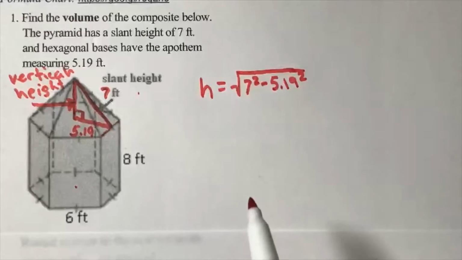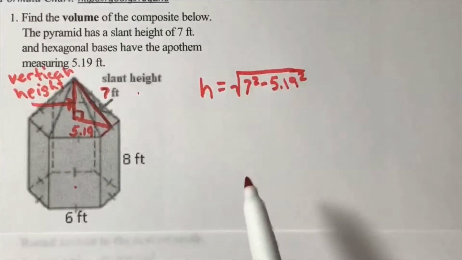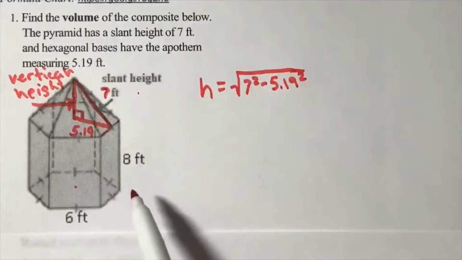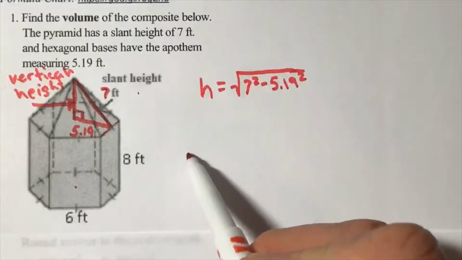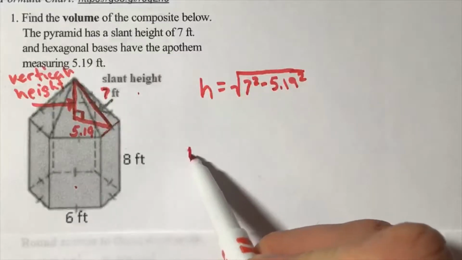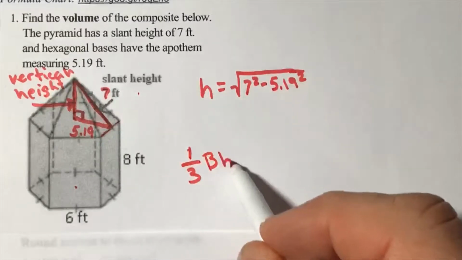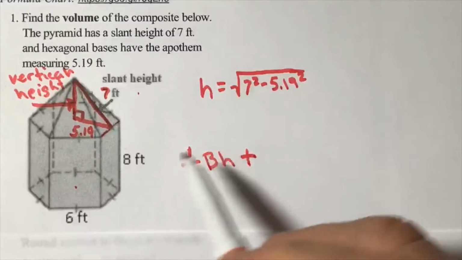Let's go to our formula chart and get our formula for a pyramid and a prism. The volume of a pyramid is 1/3 times the area of the base times the height, and then we want to add in the prism.